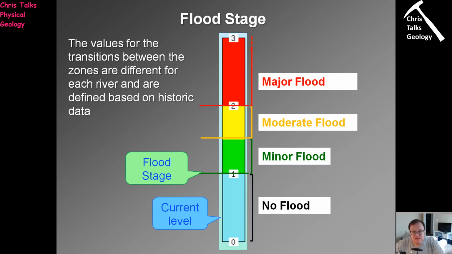And of course each of these zones will change depending on the river. The position of the flood stage will shift depending on the river. And each of these zones are defined by historic data for that particular river. So we'll work out, right, at what discharge level did major floods occur? At what discharge level did moderate floods occur?